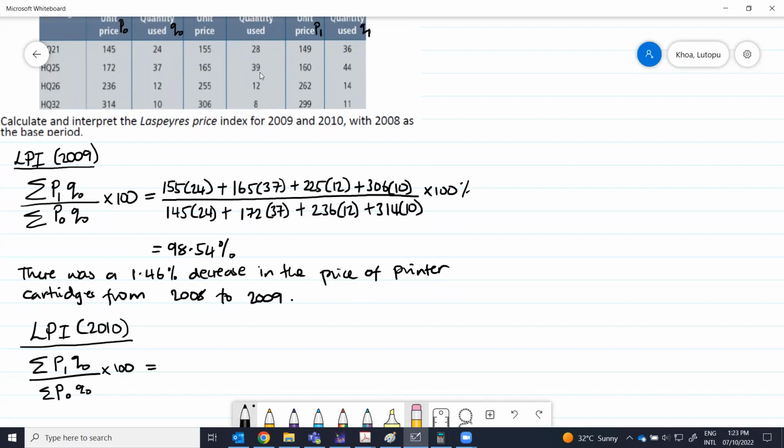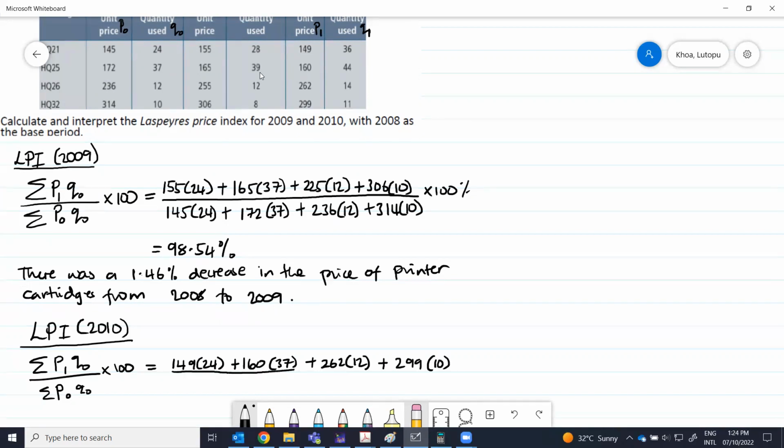So now we multiply P1 times Q naught. So 149 times 24, then 160 times 37, 262 times 12, 299 times 10.